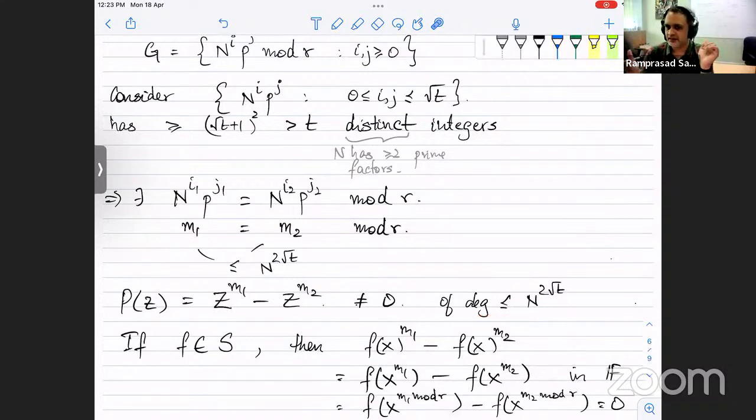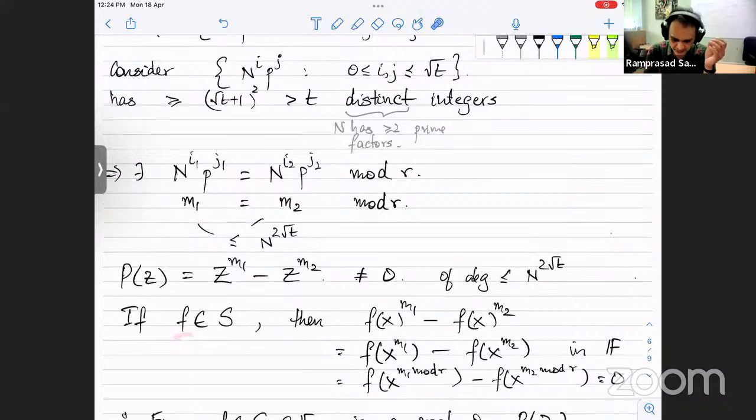But on the other hand, I want to say every element of the set S that we wrote down above actually satisfies the fact that this equals 0. Why is that? Let's take this f and plug it into this equation. I will get f of x power m1 minus f of x power m2. But I know that m1 is introspective for f because f was an element of the set S. So therefore, this is equal to f of x power m1 and this is equal to f of x power m2.